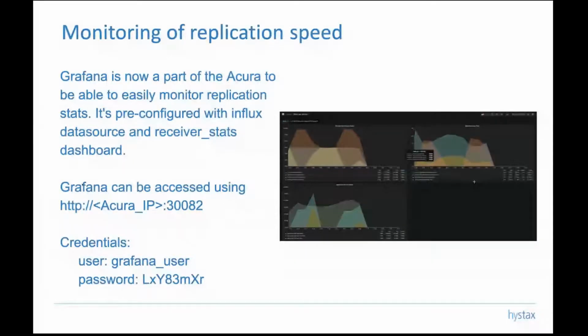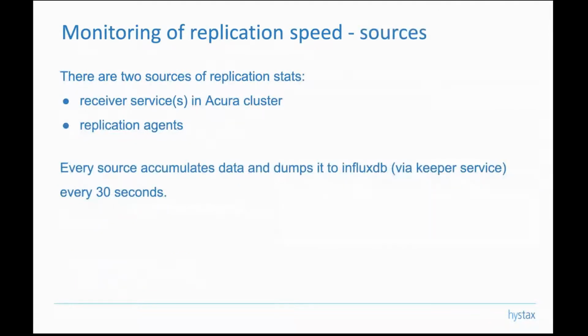Grafana is available inside Acura by its IP and the port 30082. Here are the credentials that you may use to log into the Grafana service. There are two sources of replication statistics that we use.